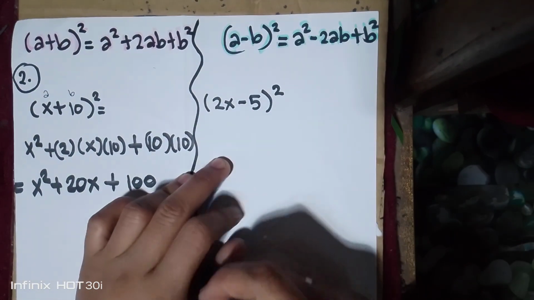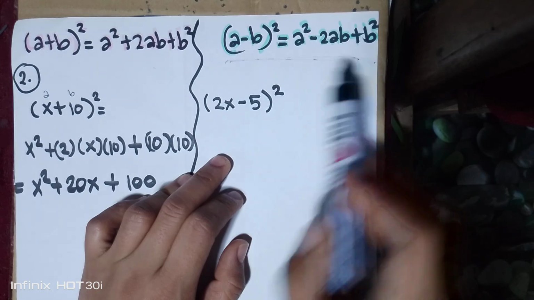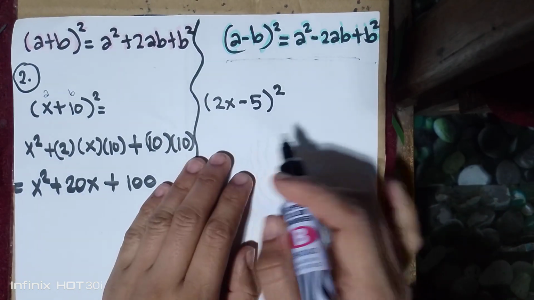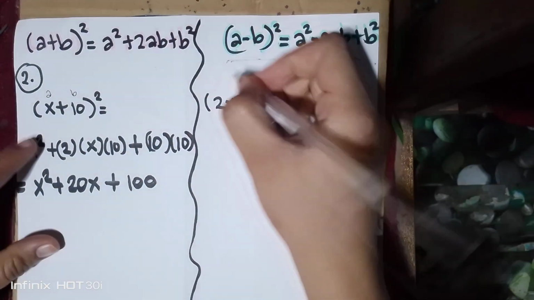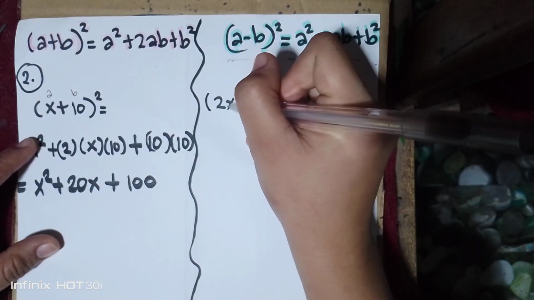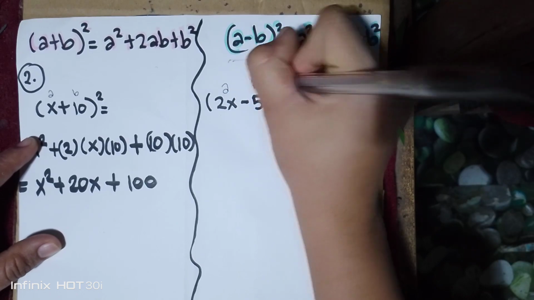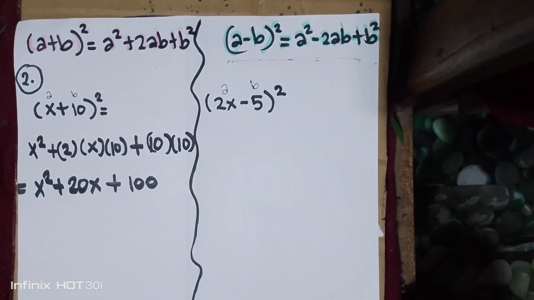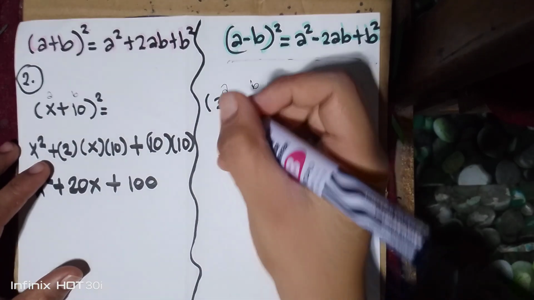Next, we have an example for this pattern. So again, we'll mark the term 2x as A and 5 as B. So following the pattern, first we are going to square the first term.